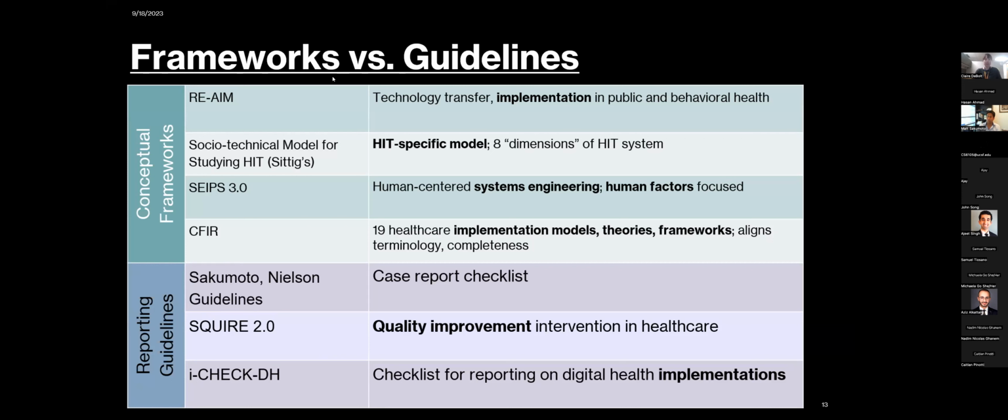And then I love SQUIRE, as Jay mentioned, but I haven't seen anyone say you're required to use SQUIRE. I have seen journals say we're going to be requiring iChecked. And for conceptual frameworks, these four are kind of the big ones. I'm not really familiar with any major ones outside of these four.